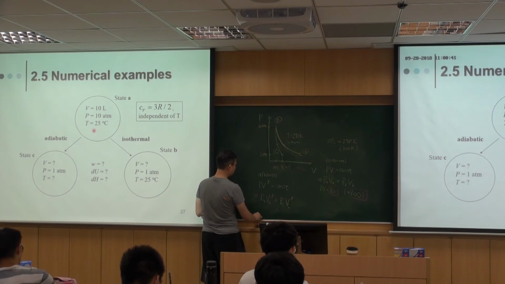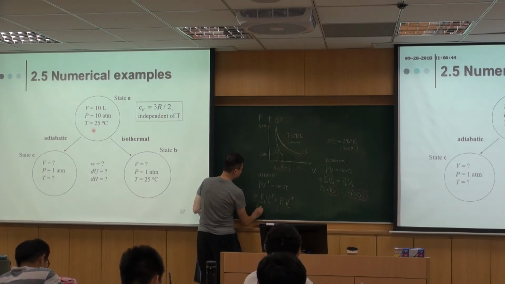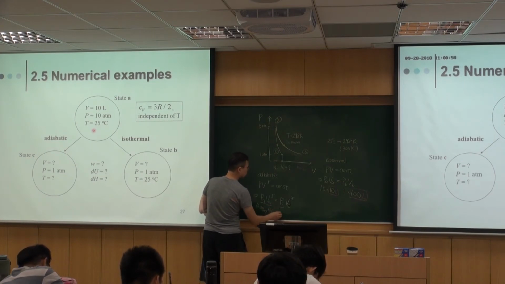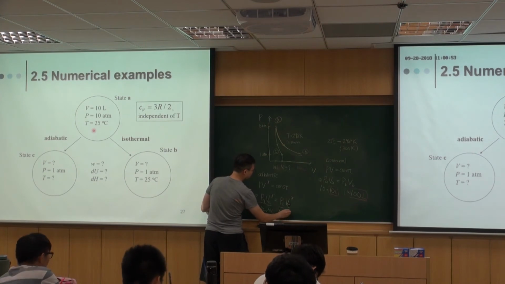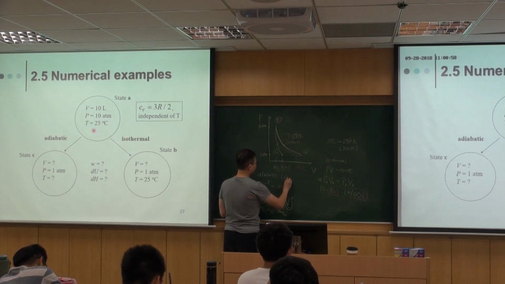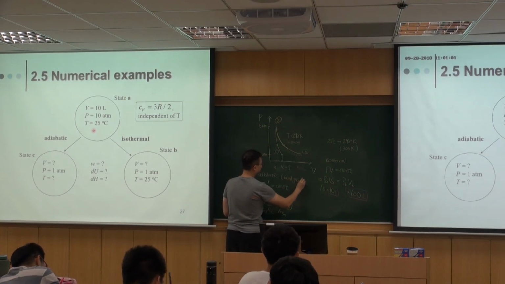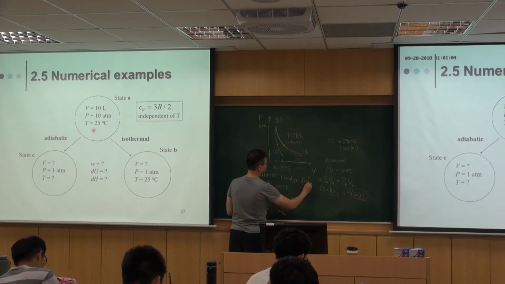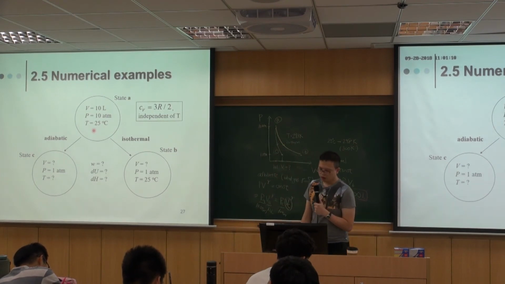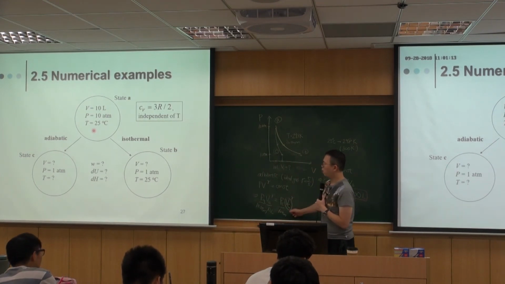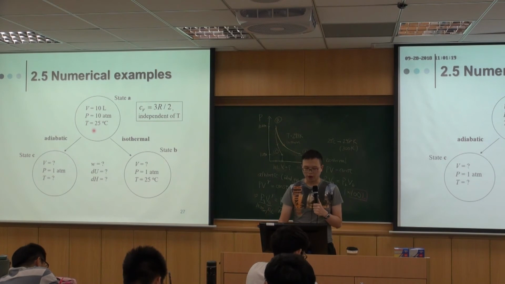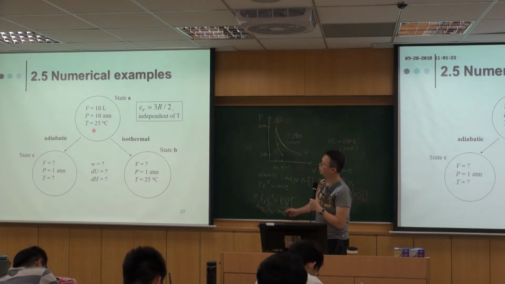We already know this to be 10 atm, this is 10 liter, and this to be 1 atm, and we want to figure out VC. Of course, adiabatic and ideal gas, therefore, gamma is 5 over 3. So we can figure out what VC is by using this relation. If you have a calculator, then you will be able to calculate this.